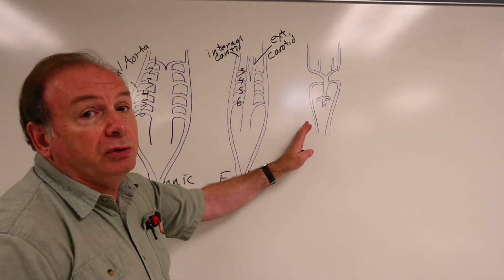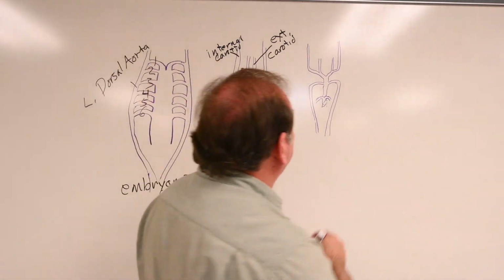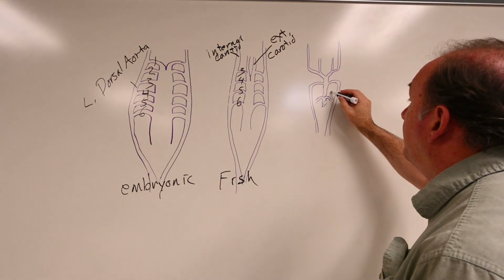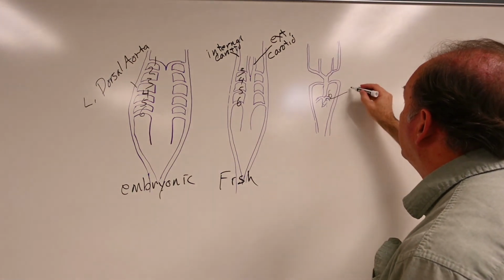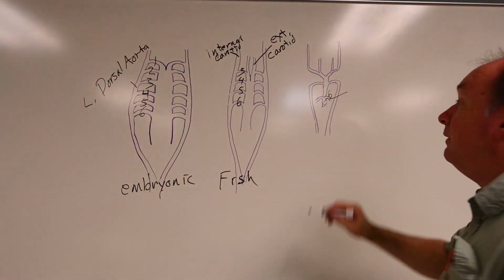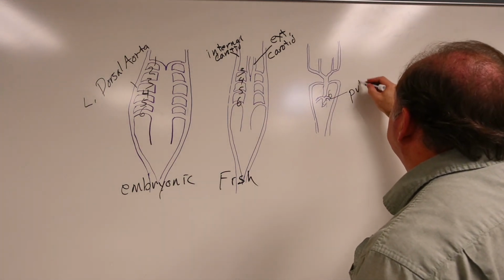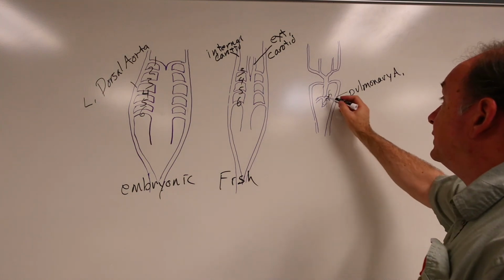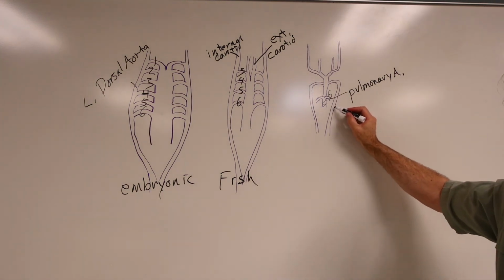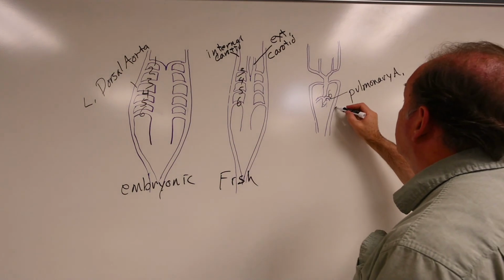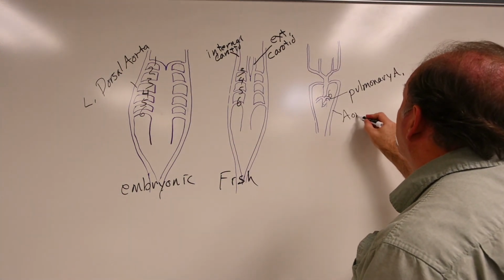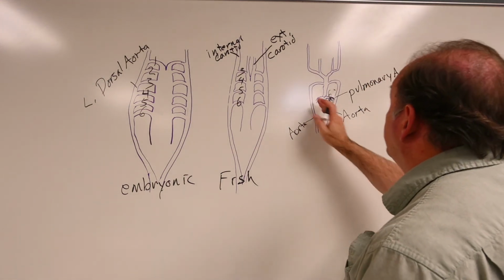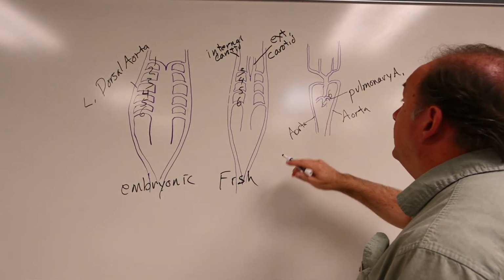Next, as we transition to the amphibian, the frog example over here, remember we have the spiral valve in the base and we have formation of pulmonary arteries. That is from this base of the sixth arch. The sixth arch no longer connects to the aorta on the side here. So we still have a left and right aortal portion there.